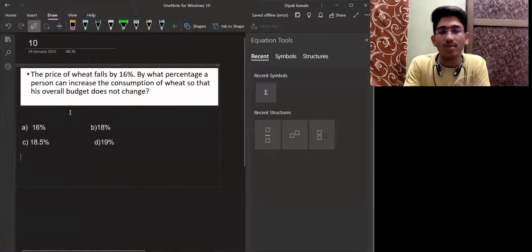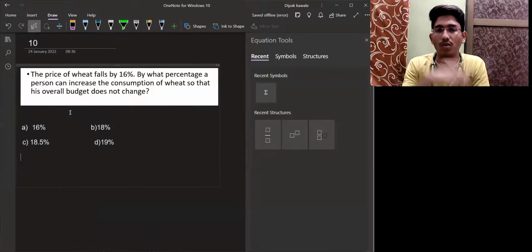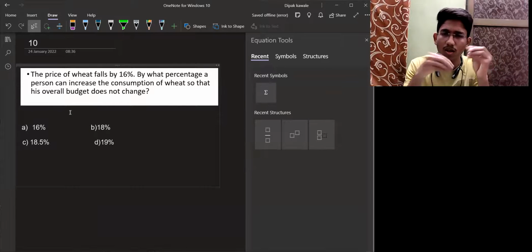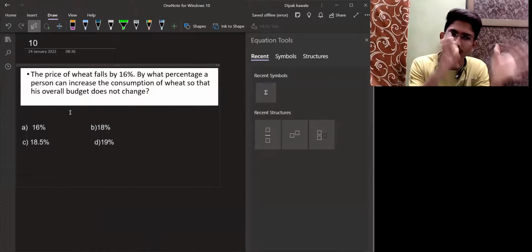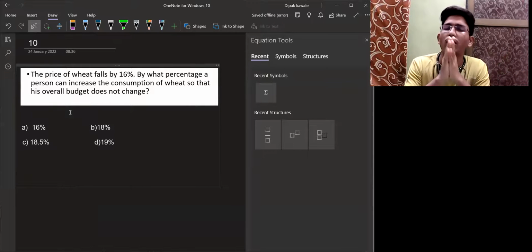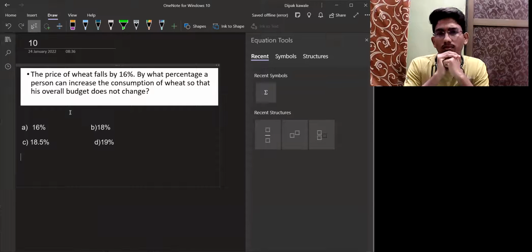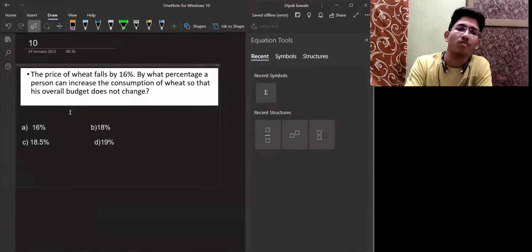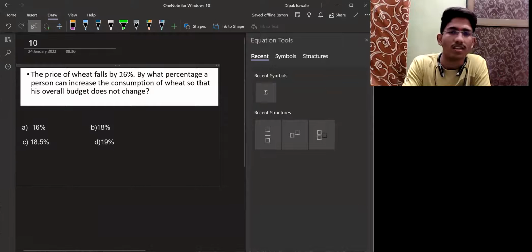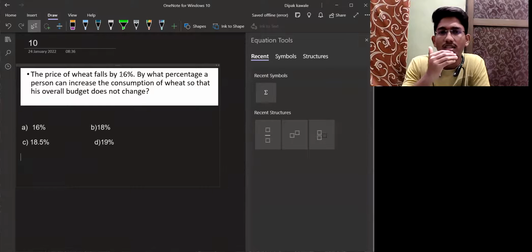Now students, try to solve this problem. Just give it a try. Whatever you have understood, what I have told you, just apply that technique and see if you can solve this. 99% of you will be able to solve this type of problem, but some students may get stuck while calculating the percentages. The calculation of percentage will improve by practicing, so you have to practice it.